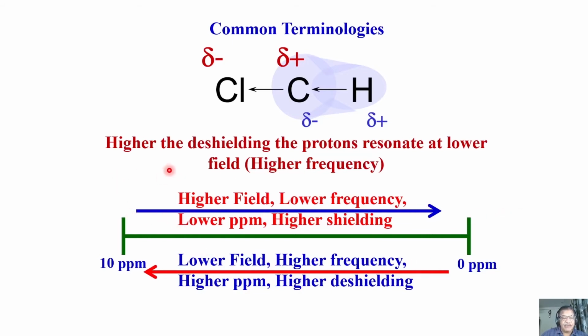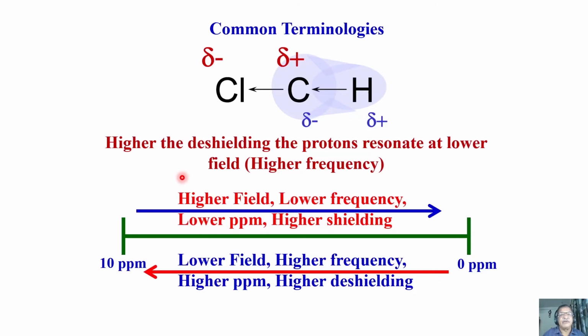So remember, if a peak is coming somewhere near 10 ppm, we say the peak is coming at the lower field, or it is resonating at higher frequency compared to a peak which is coming here. Or I would say a peak here is at higher ppm than the peak here, which is at 1 or 2 ppm, which is much lower. The value is lower here in ppm. Similarly, if I say a peak is here, it is more shielded than the peak here, so this peak is less shielded.